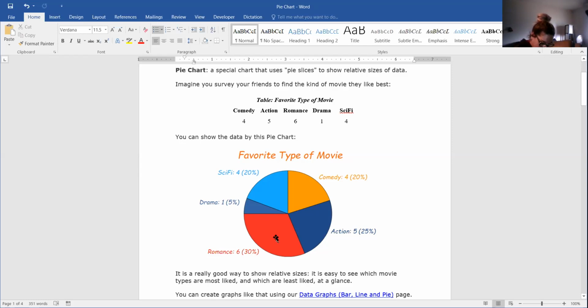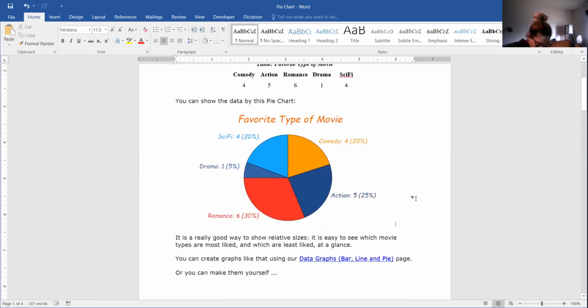We start at some point and, going usually counterclockwise, we go from biggest data set to smallest. So here we've got 6, 5, 4. These two are the same, so it's irrelevant what order they go in. And then lastly, the drama section. So it's a real quick way.